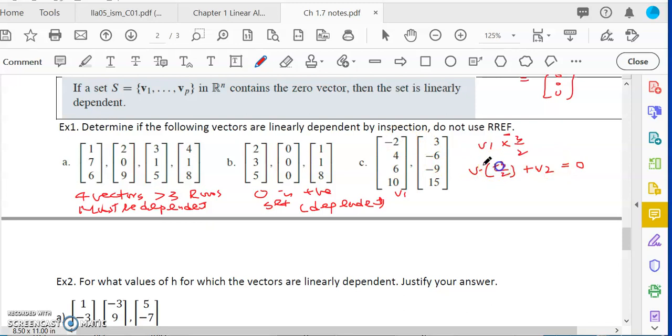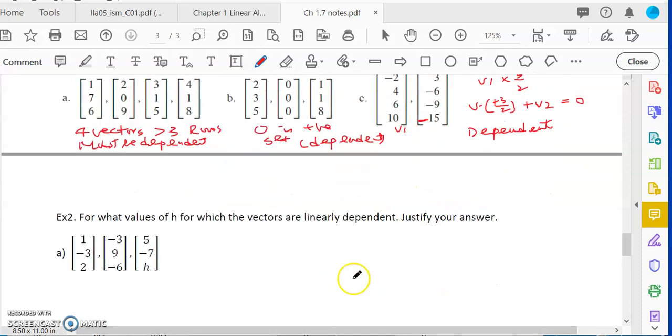This would be 3, this is 6, this is 9, this is 15. Oh, I think this is negative, otherwise it's not working. So they are dependent because they are multiples of each other. Otherwise, they would be independent.